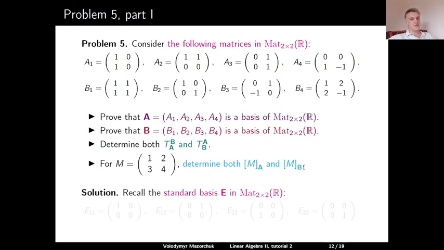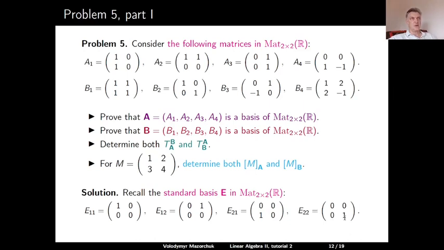Solution: let us recall that we have the standard basis in our space of 2 times 2 matrices consisting of matrix units. So we have E11, which is a matrix 1, 0, 0, 0, E12, the matrix 0, 1, 0, 0, E21, the matrix 0, 0, 1, 0, and E22, which is a matrix 0, 0, 0, 1.